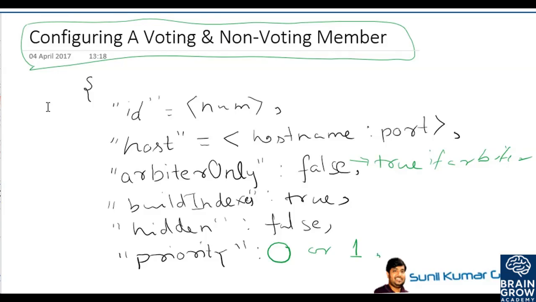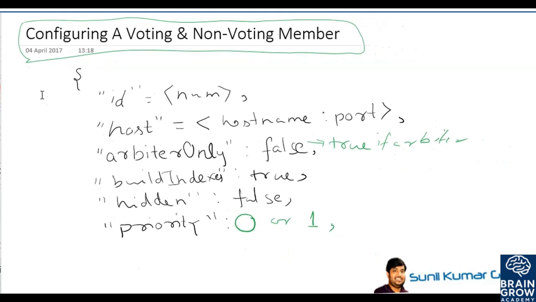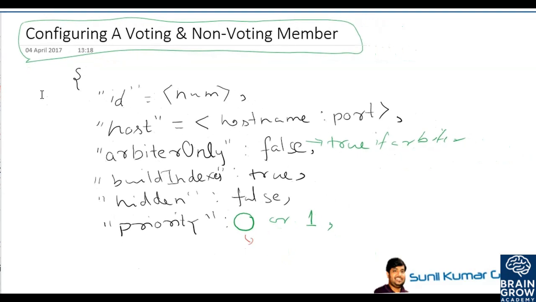So if it is 0, it's a non-voting member, and 1 means a voting member. So this priority is very important.